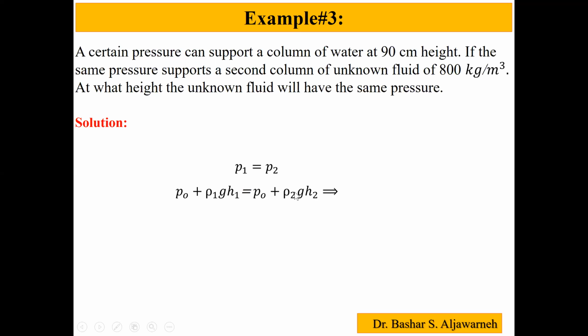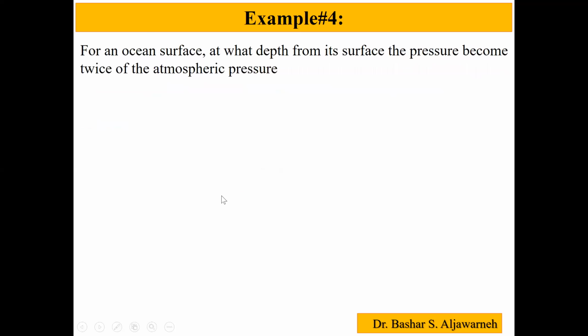So from here, do your calculation, you will get H2 equals rho1 divided by rho2 times H1, where rho1 is given, rho2 is given too, and the first height is given. So you will get the height of the fluid inside the second column, which will be 1.125 meters.